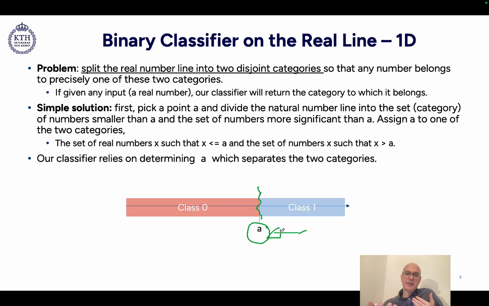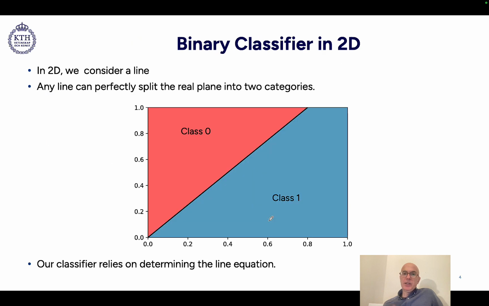We can design any simple algorithm, but bottom line, in 1D we just need to determine a scalar, in this case A. We can generalize it to 2D. In that case, we have a plane, and then we have a line that separates the two categories into two parts of this plane.